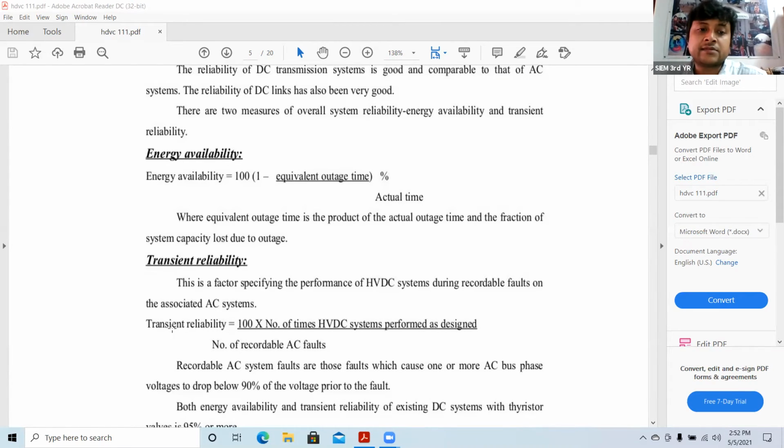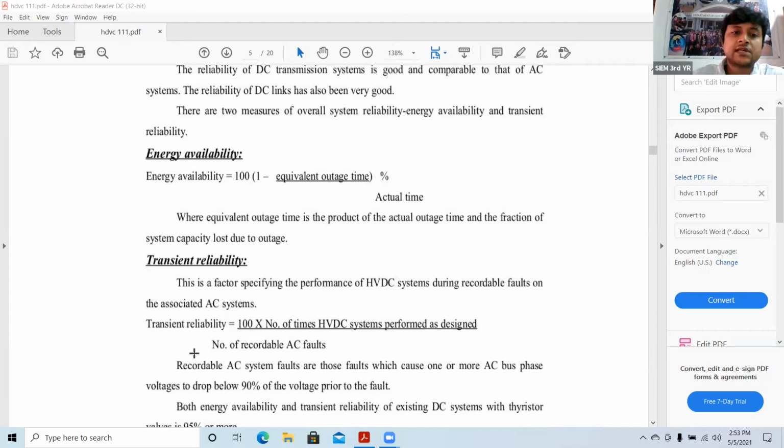Okay, and the transient reliability is given by 100 into number of times HVDC system performed as designed by number of recordable AC faults. Okay, so these are the different calculations in HVDC transmission system.